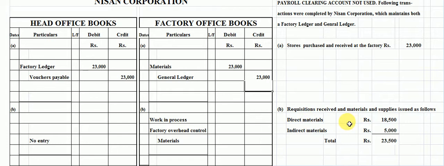Requisitions received and materials and supplies issued as follows: direct materials 80,500 rupees, indirect materials 5,000 rupees. Students, materials belong to the factory production.